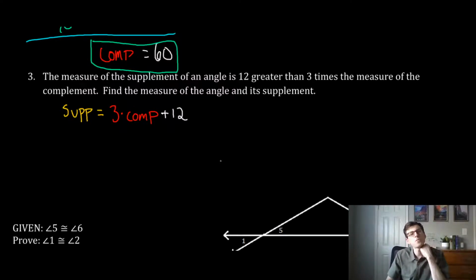Okay. We're looking for the measure of the angle and its supplement. So I really care more about the supplement here, but I'll write both because both are important. So remember, the angle plus the supplement, that's 180.